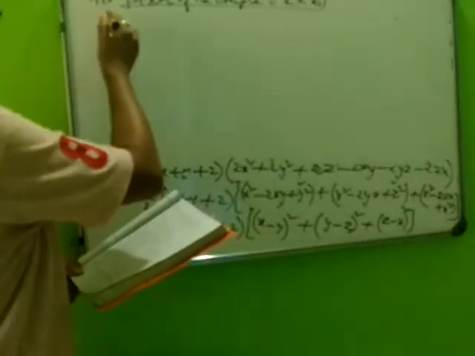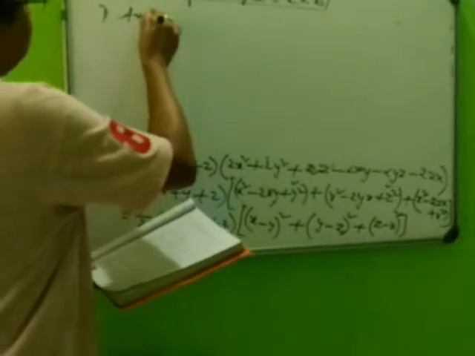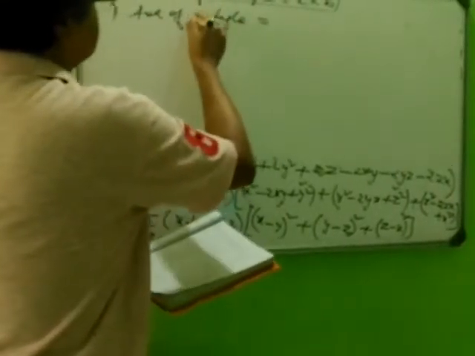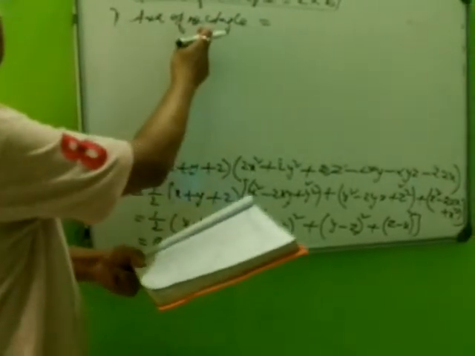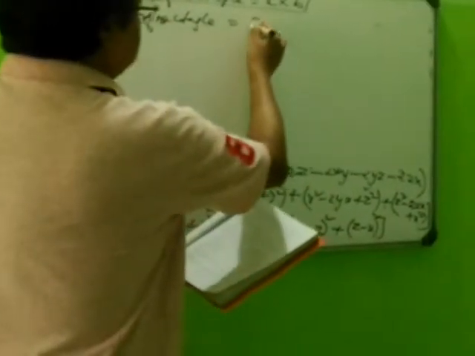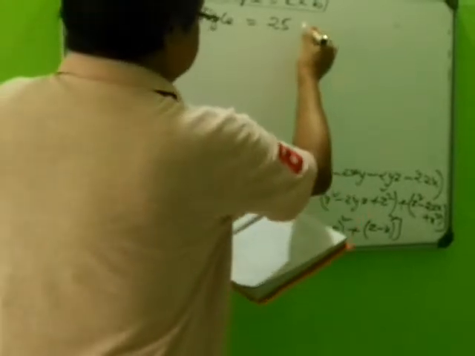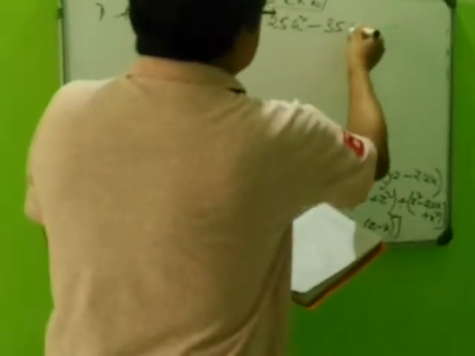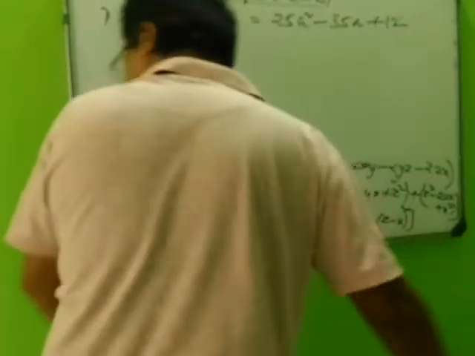So now, number one, area of rectangle equals 25a squared minus 35a plus 12.